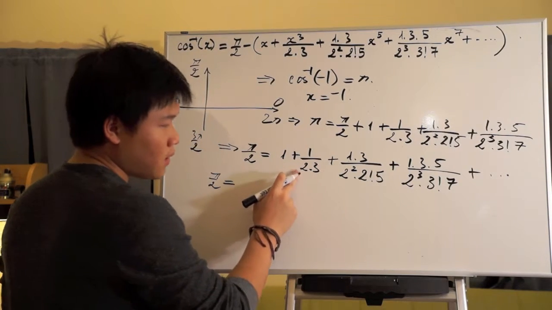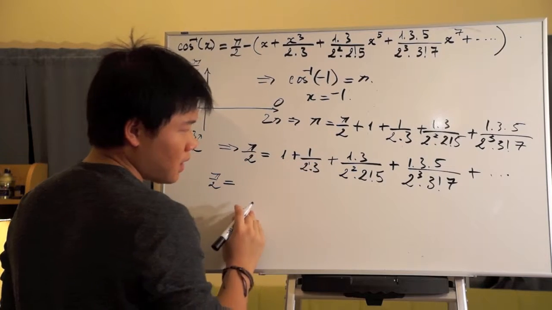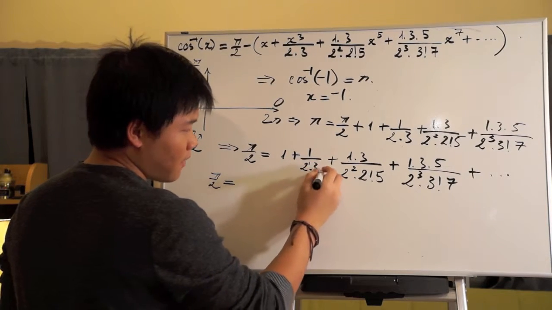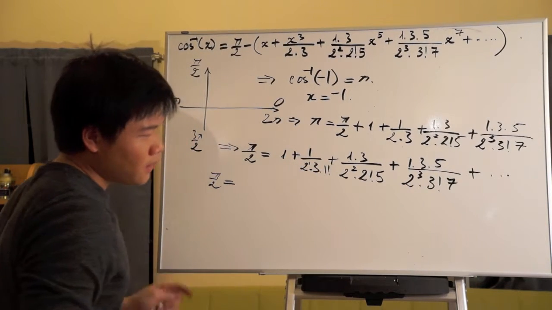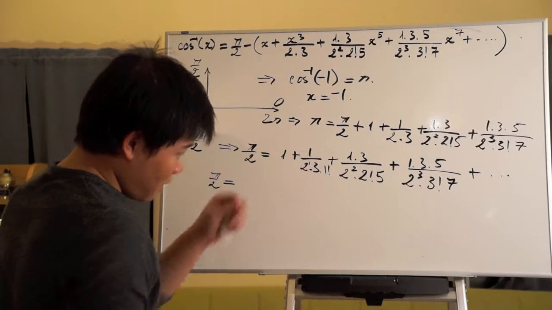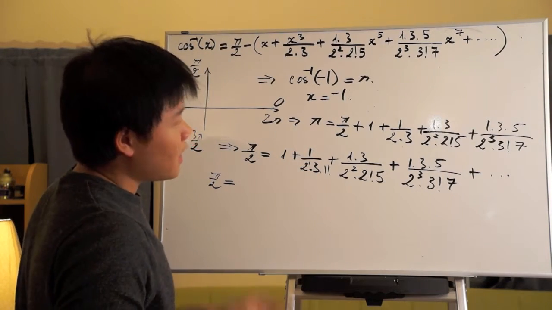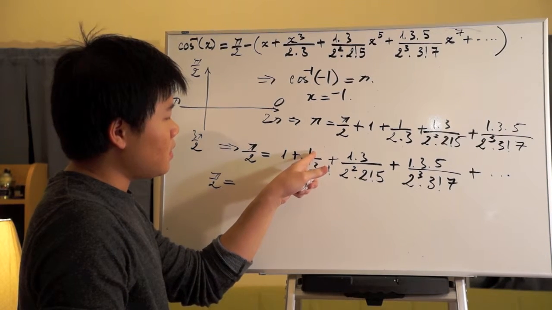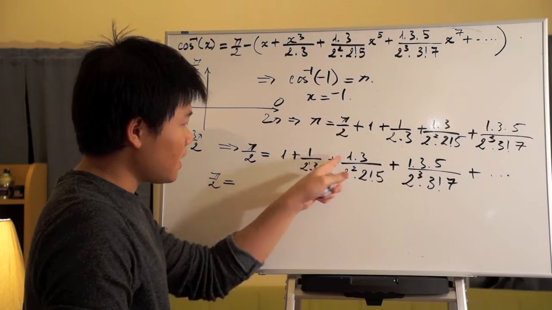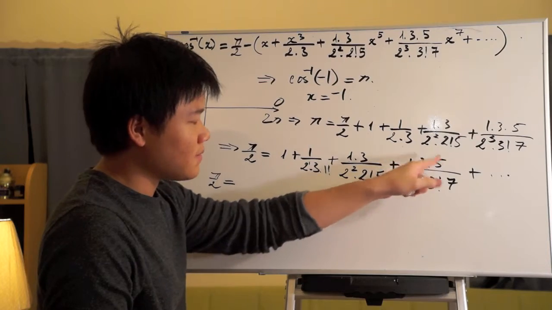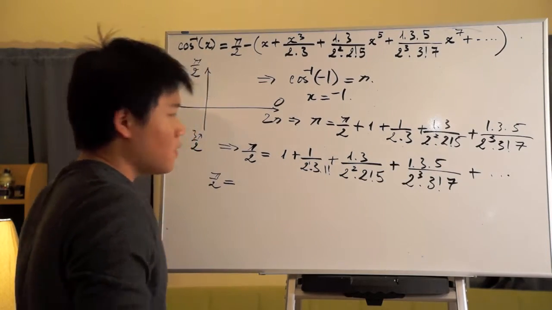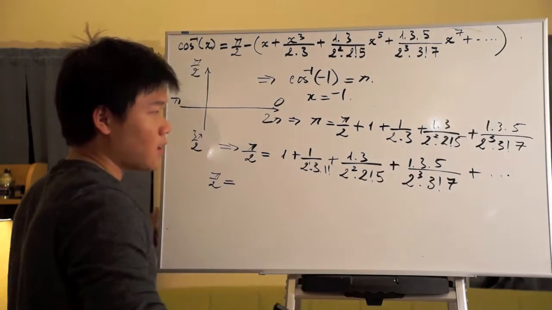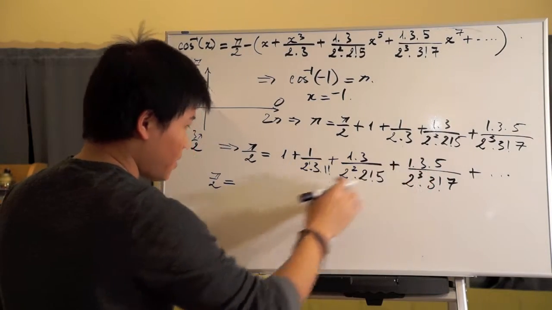We can think of the 2 here as 2 to the power of 1, and we can have 1 factorial here, right? And here we have 1. Like we said before, in the numerator we have 1, and we have 1 times 3, 1 times 3 times 5. So we multiply up to that last odd number, right?